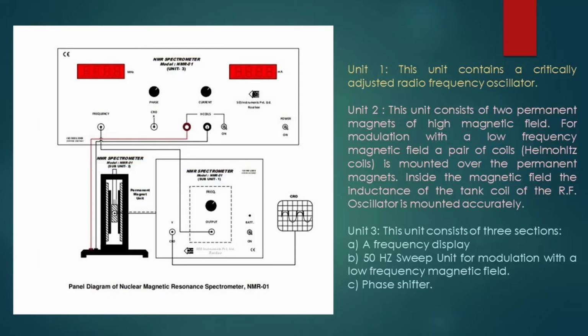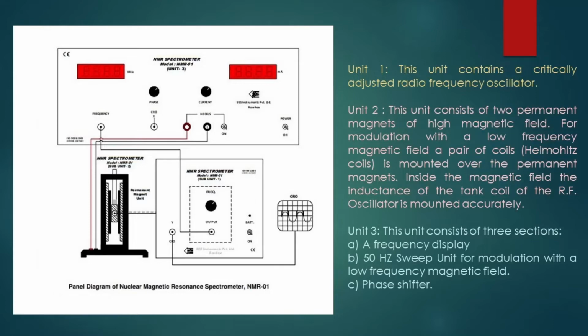The magnetic field in the center is about 5.02 kilogauss, so you can understand it is quite a high magnetic field. A pair of Helmholtz coils are mounted over the permanent magnets, and inside the magnetic field, the tank coil of the RF oscillator is mounted.